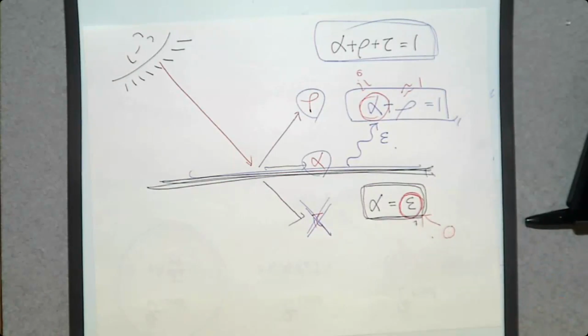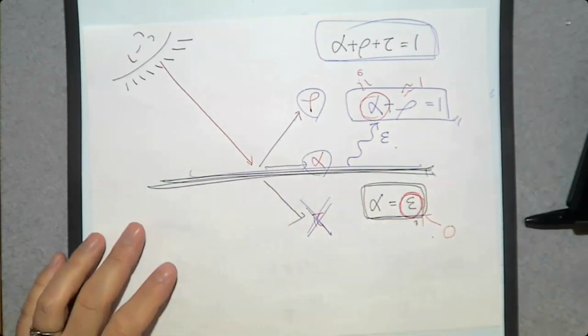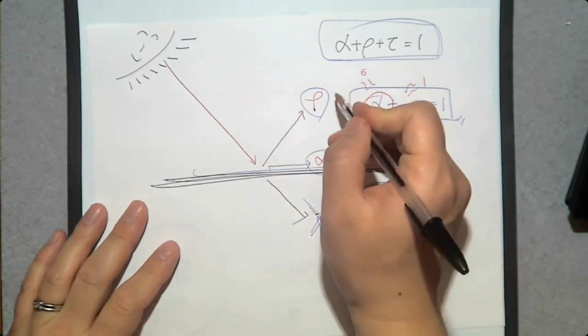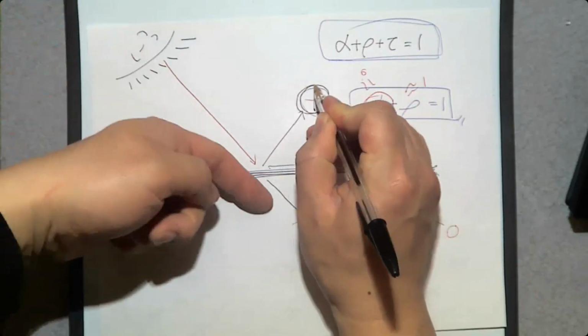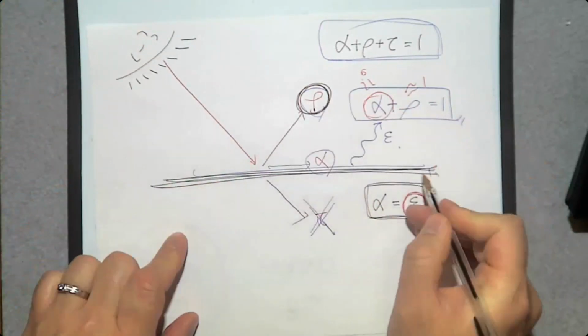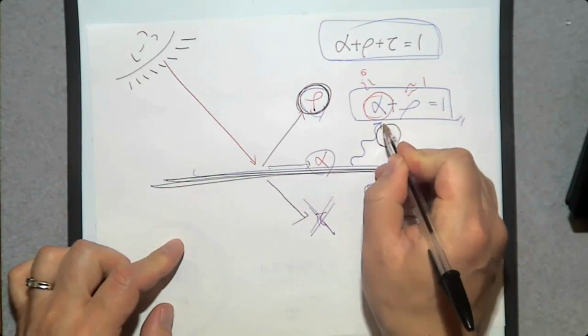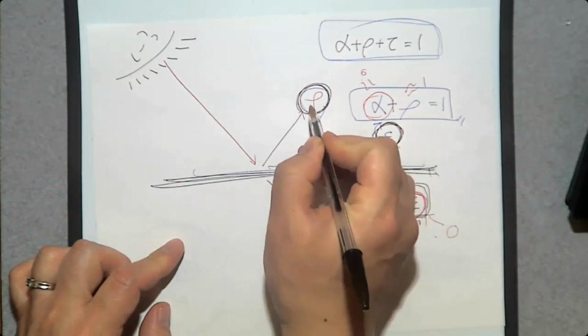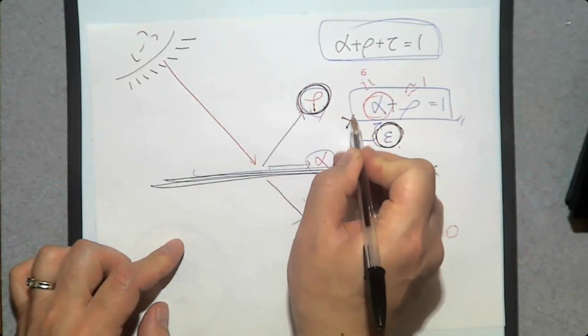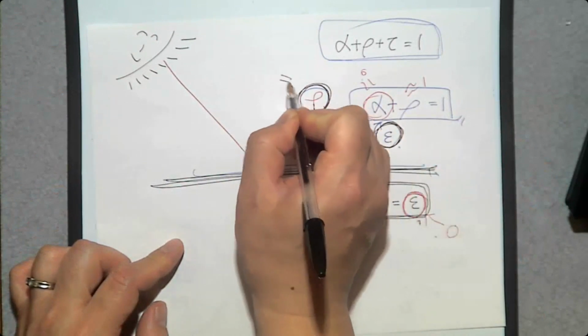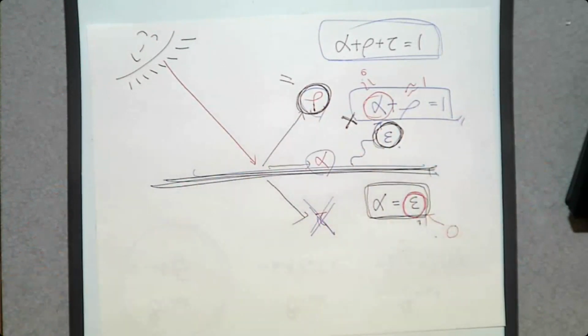Then, what is the total radiation from this surface to the outside? There are two. One is the reflected incoming radiation, rho, and the other is its own radiation, epsilon. So rho plus epsilon together is called radiosity.